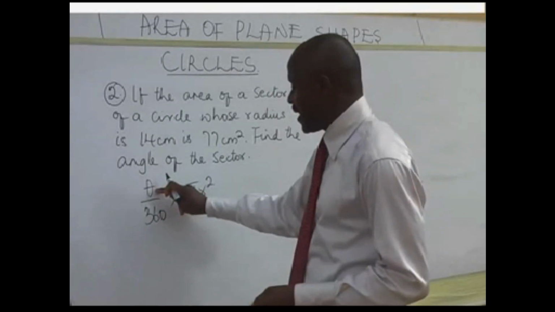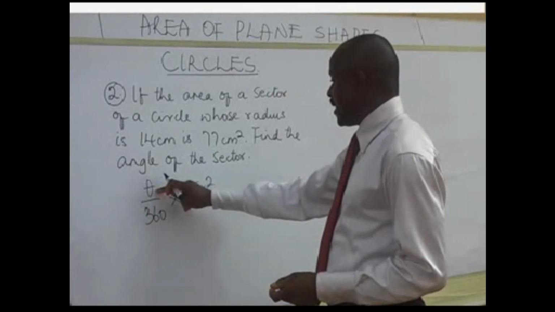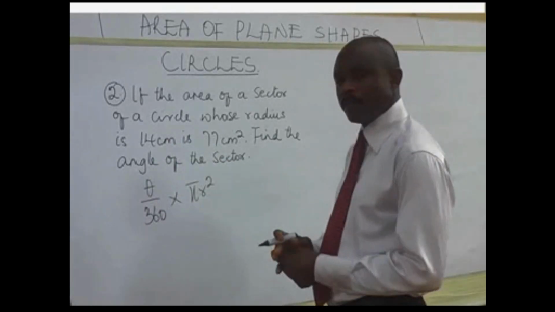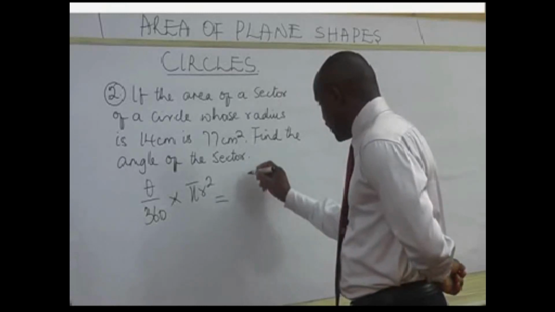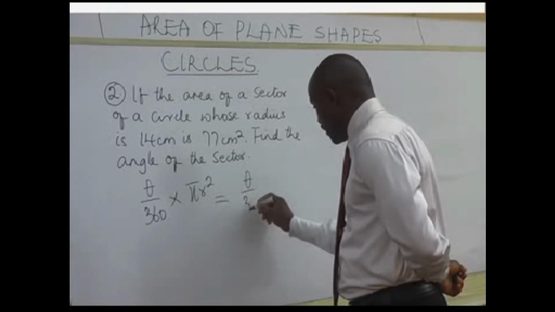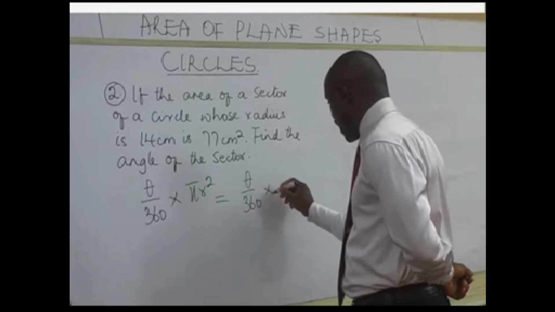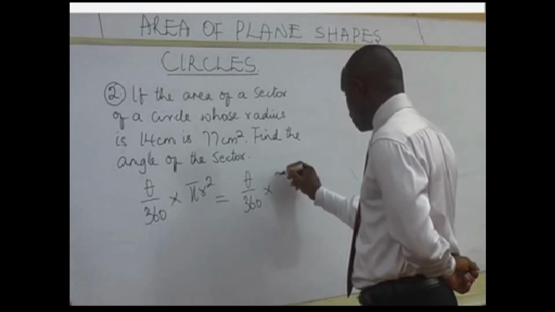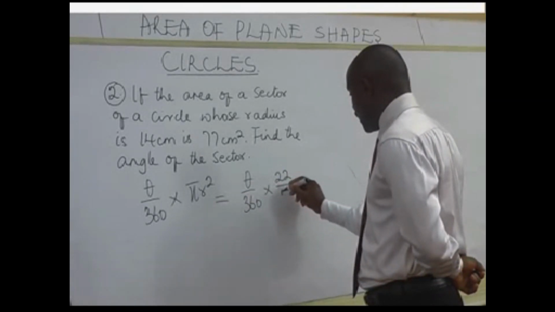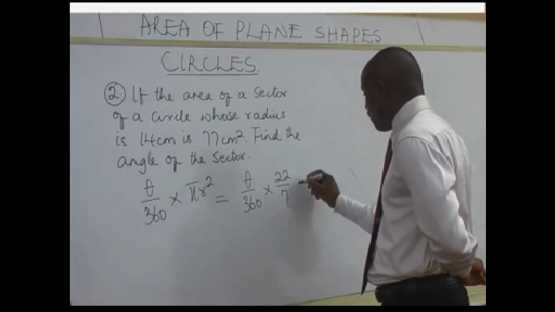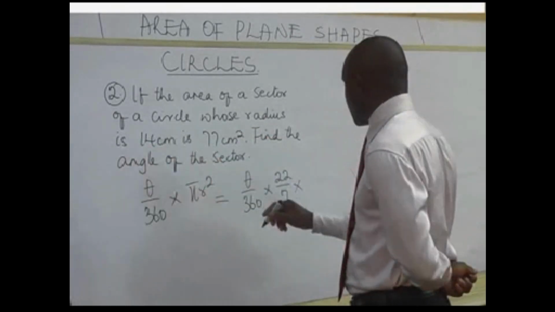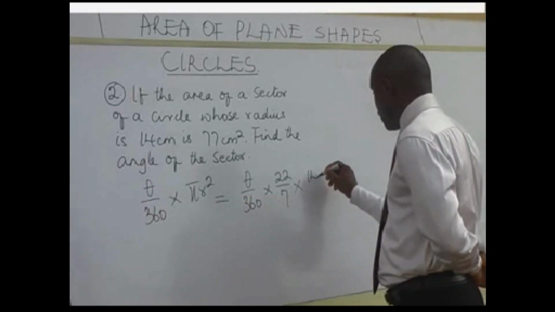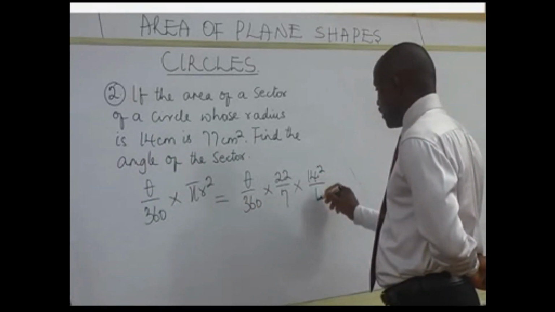This theta is exactly the angle the question is asking us for. Now let's go ahead. Theta all over 360 times pi, which is 22 all over 7, the approximated value of pi, times the radius of the circle, which is 14. So we have 14 squared all over 1.